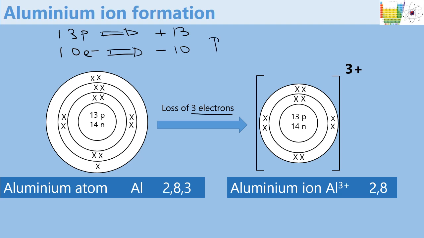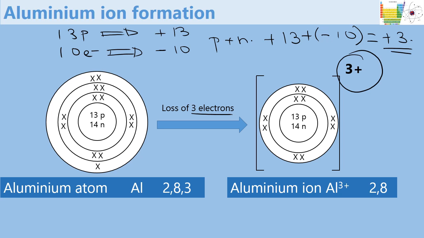When we add the proton charge and the neutron charge, we'll have positive 13 plus negative 10, giving us positive 3. And that is why the charge is written as 3+. We just interchange, because when you're writing the charge of the ion, we start with the number and then the sign.